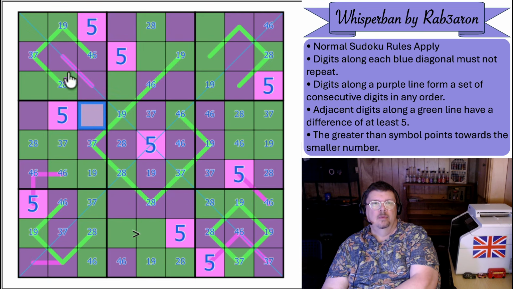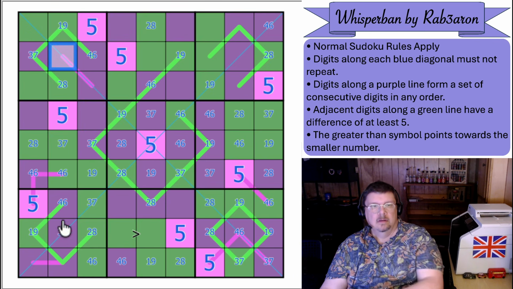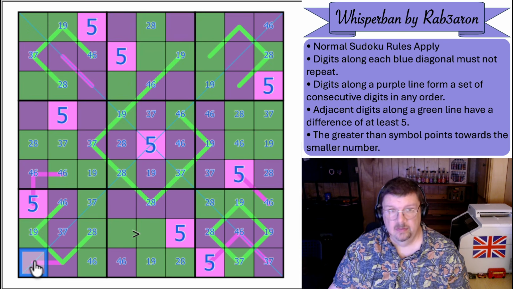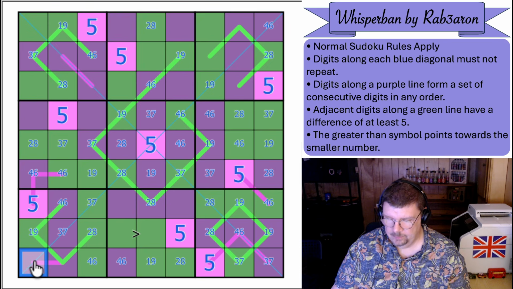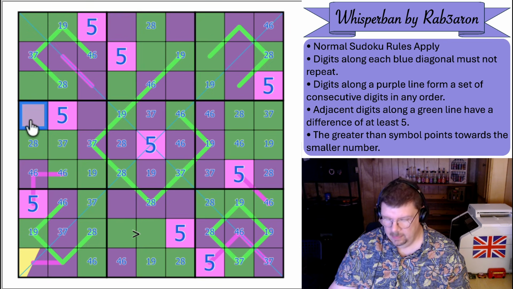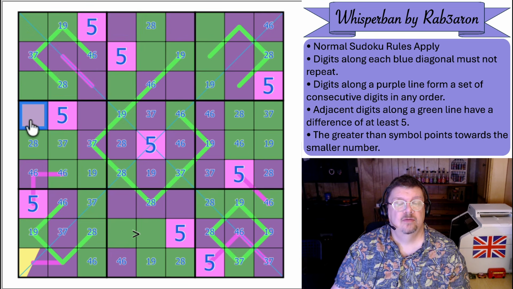Making that purple 1, 9. Okay, that digit there, let's mark that with yellow. Yes, 4, 6s and 3, 7s.